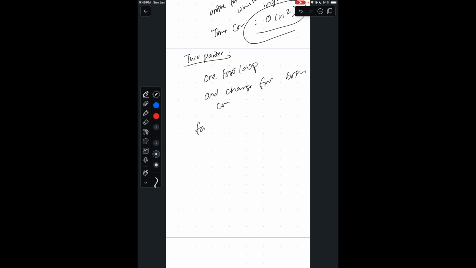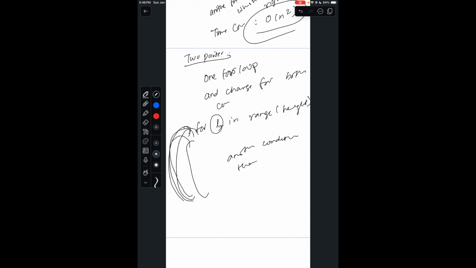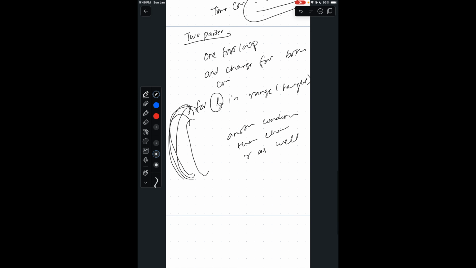So basically, for L in range of height, the left will be changed every time, but we have another condition that changes R as well. So we can use this technique.